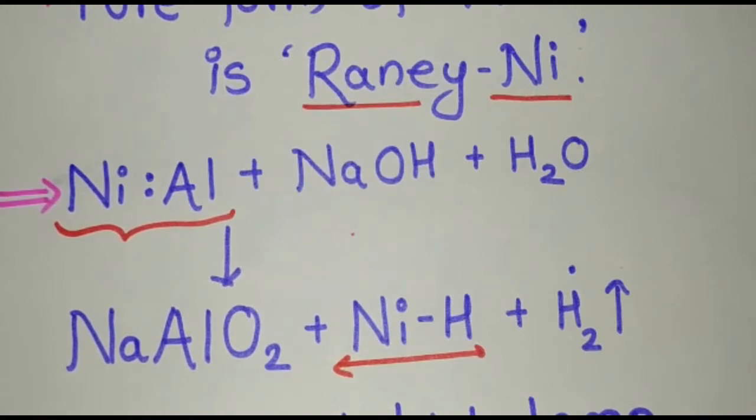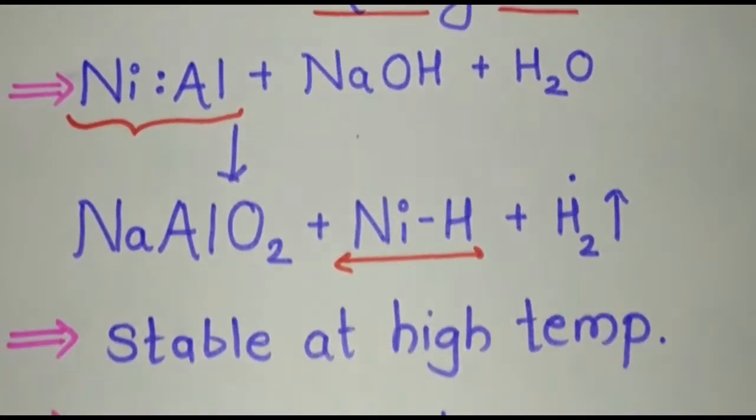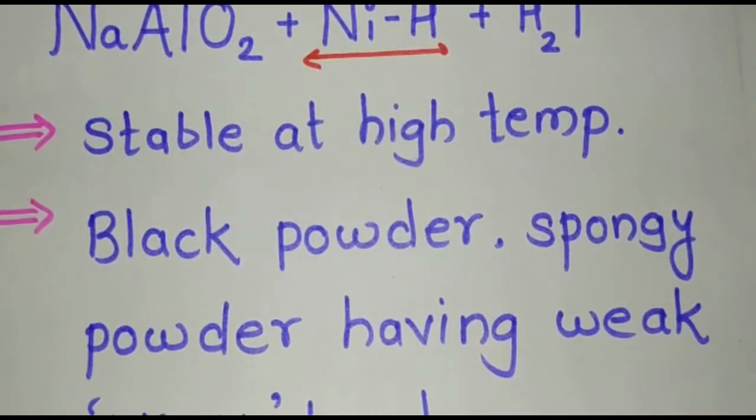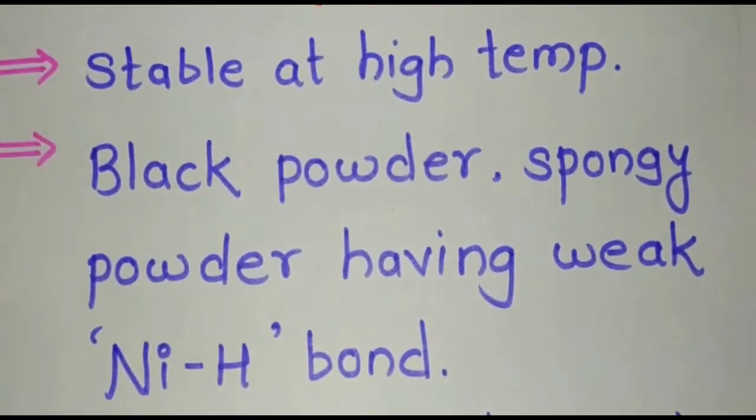The Raney nickel is black in color and a very spongy powder having a very weak nickel hydrogen bond. Remember that it is a black, very spongy powder which has a very weak nickel and hydrogen bond. It is the strongest reducing agent.